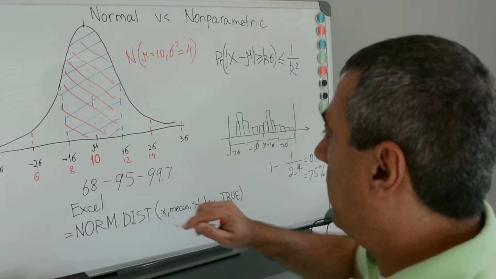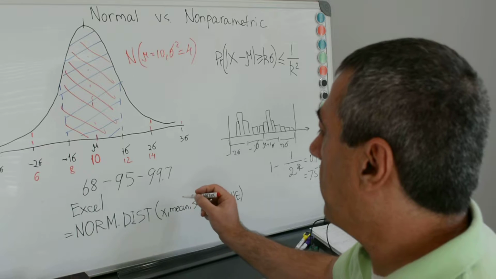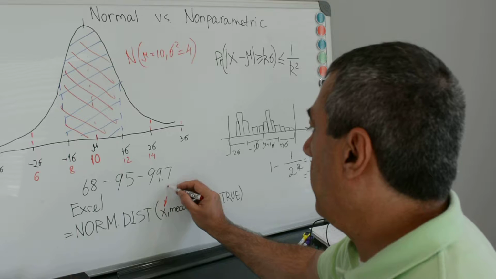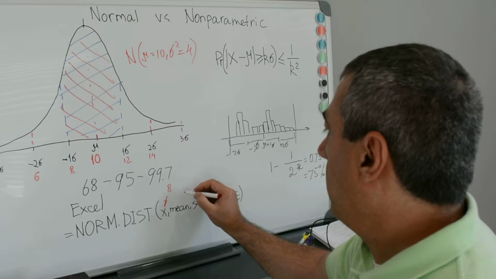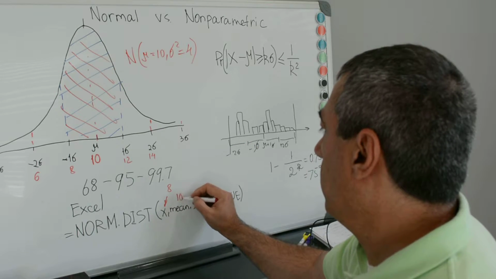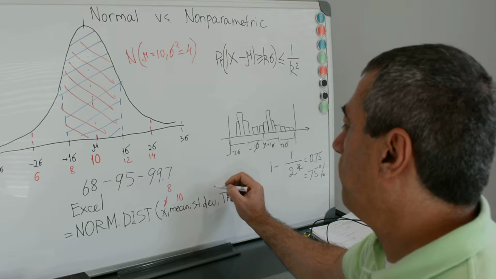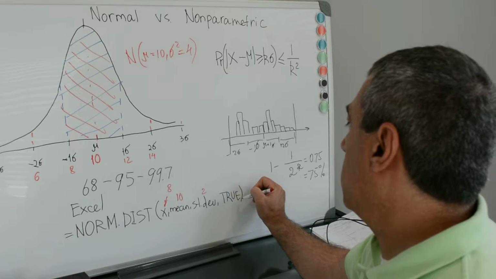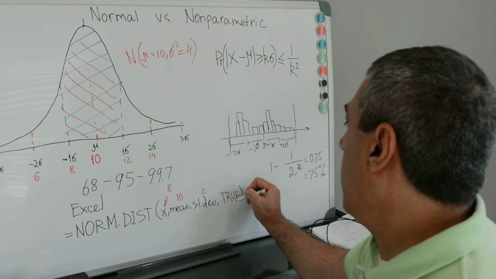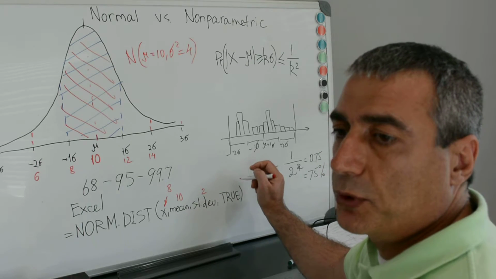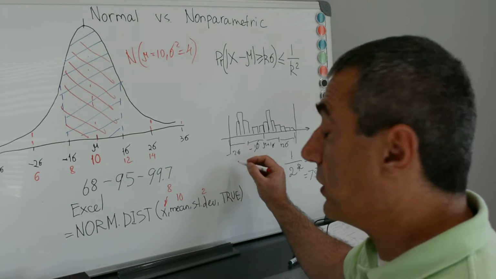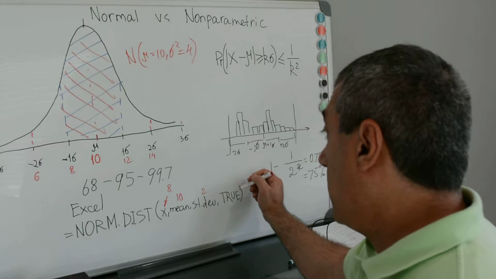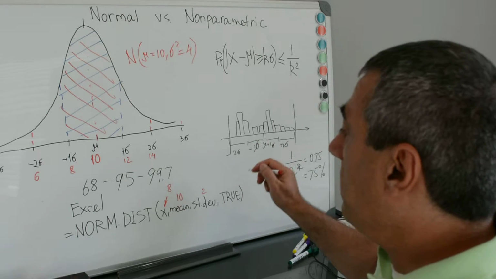Okay, in the Adobe presentation, in the first example, I entered for value x 8, for the mean of the population 10, for standard deviation 2, and for the type, whether it's a cumulative distribution function or probability mass function, I selected cumulative distribution function. What does this mean?